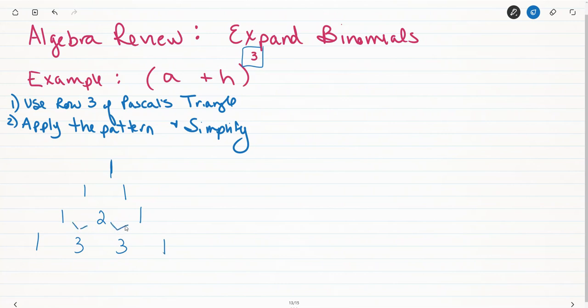Notice that the 3s come from adding the 1 and 2 above it. Then I could get a 1, 4, 6, 4, 1.